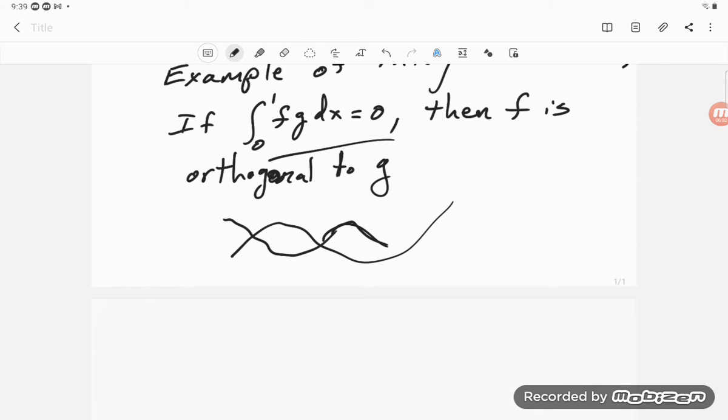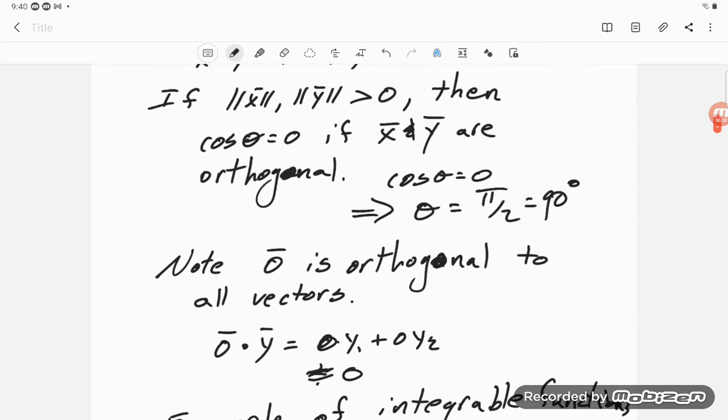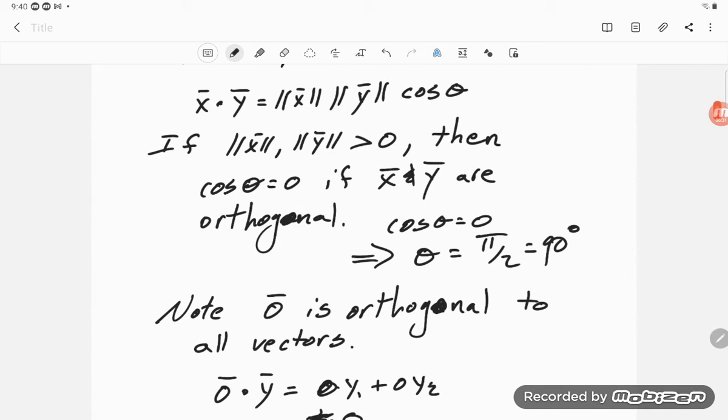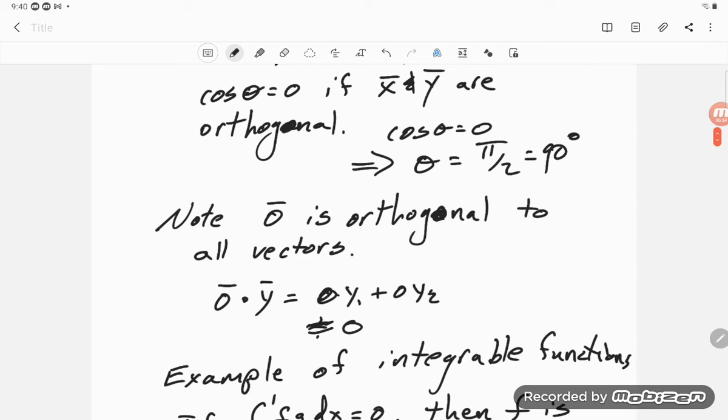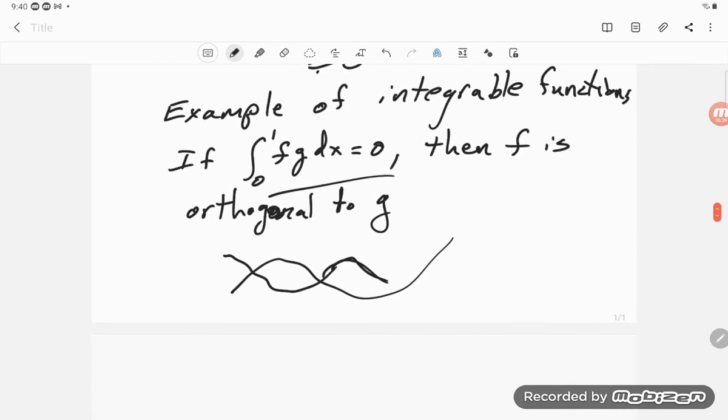But as soon as we get out of this Euclidean space and into function spaces, orthogonal is a good intuitive notion of perpendicularity, but it has nothing to do with reality. The functions are not perpendicular to each other. So this is what it means to be orthogonal: for Rn, the dot product is 0.